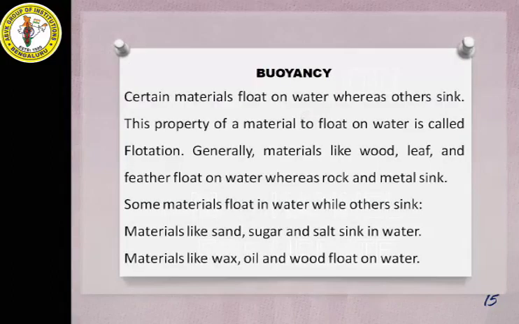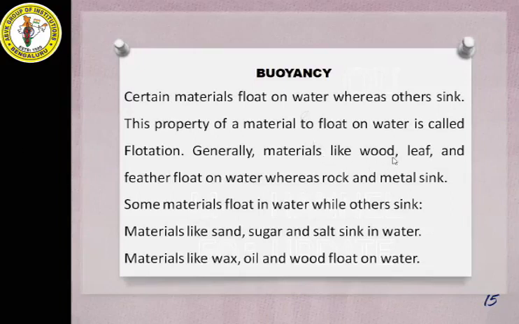The next concept is buoyancy. What is buoyancy? Certain materials float on water whereas others sink. This property of a material to float on water is called flotation. As you all observe, some objects put on water will float, and some objects put inside the water will automatically sink. You need to make a list of those.